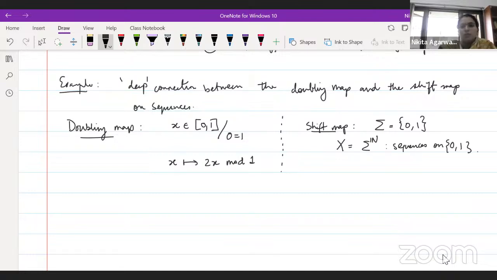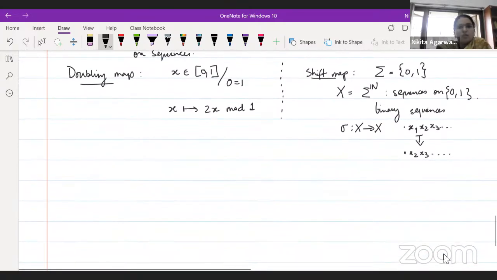So these are called binary sequences because there are only two possibilities. And then you have a shift map, which basically shifts. This point goes to x2, x3, and so on. So it shifts one position to the left.